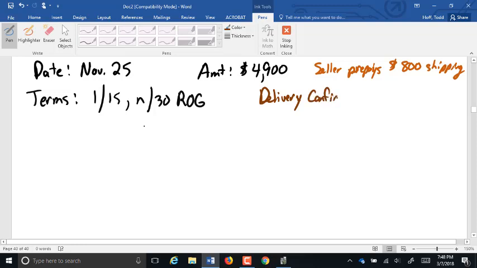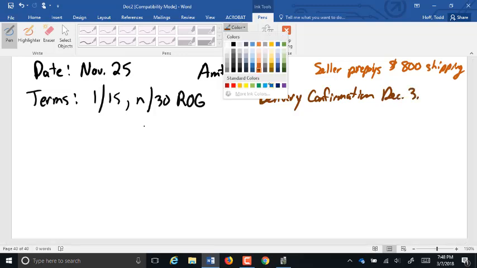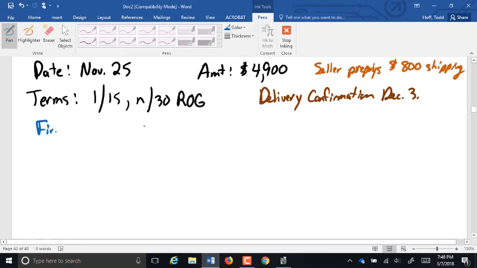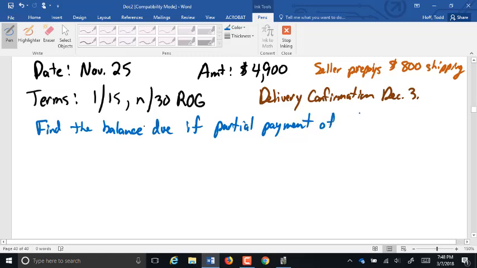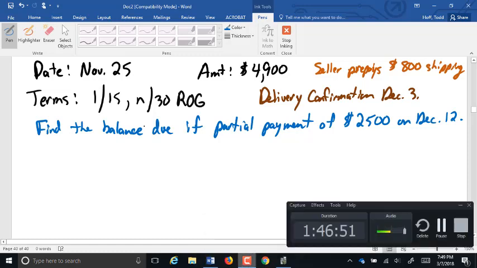Delivery confirmation on December 3rd. Find the balance due if a partial payment of $2,500 is made on December 12th. I'll give you guys a couple minutes.